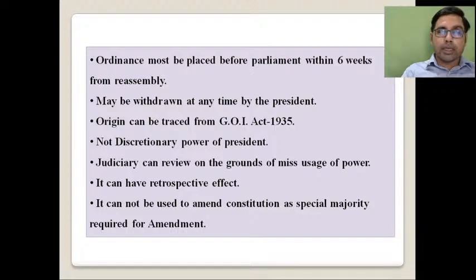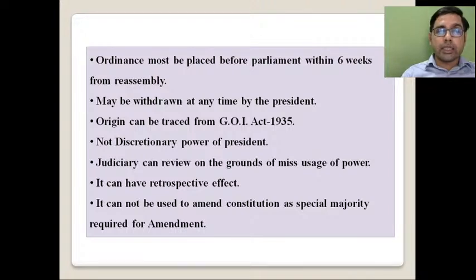Judiciary can scrutinize, judiciary can review ordinance making power of president on the ground of misuse of power, on the ground of mala fide use of power. So such power of president is not outside the power of judicial review, and it cannot be used to amend Indian Constitution or provisions of Indian Constitution.